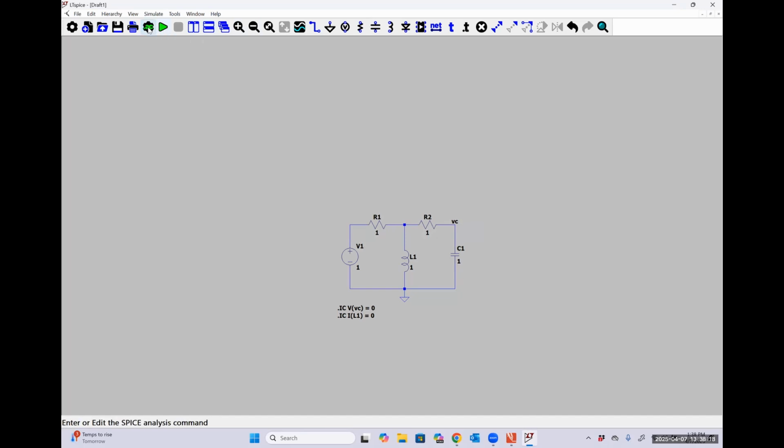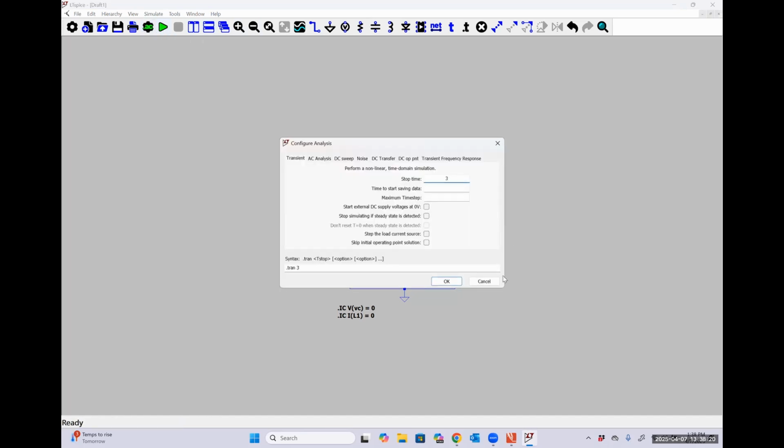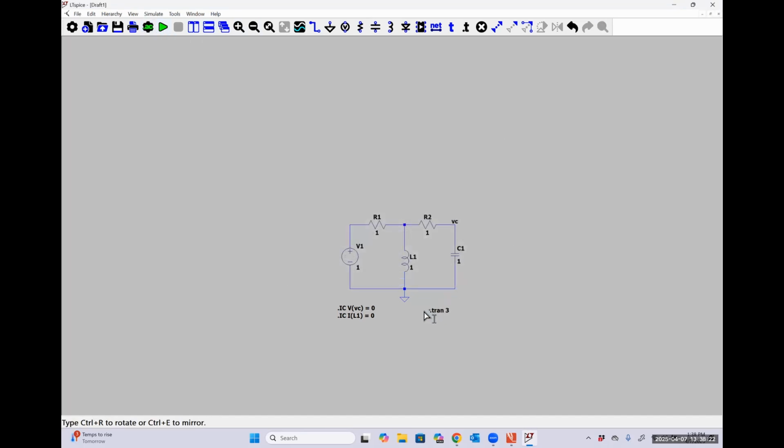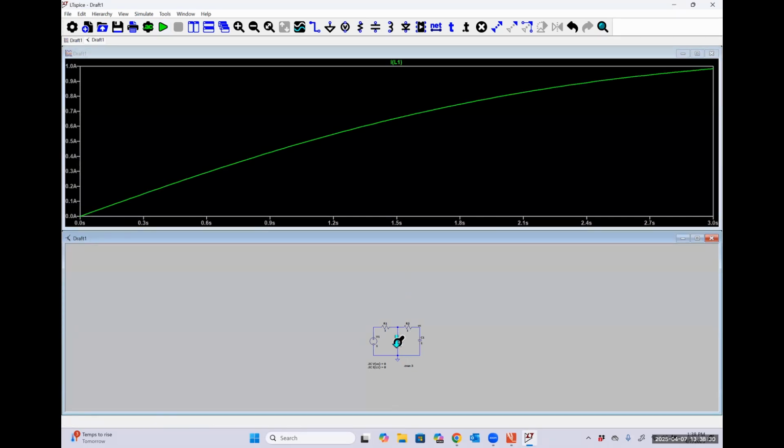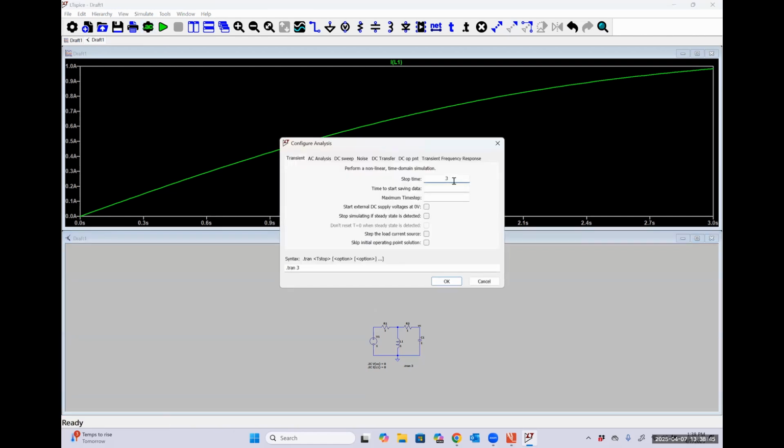And let's run this for 3 seconds arbitrarily. Here's my inductor current. Not quite settling to 1 amp like I would expect, so let me just change that to 5 seconds or so.